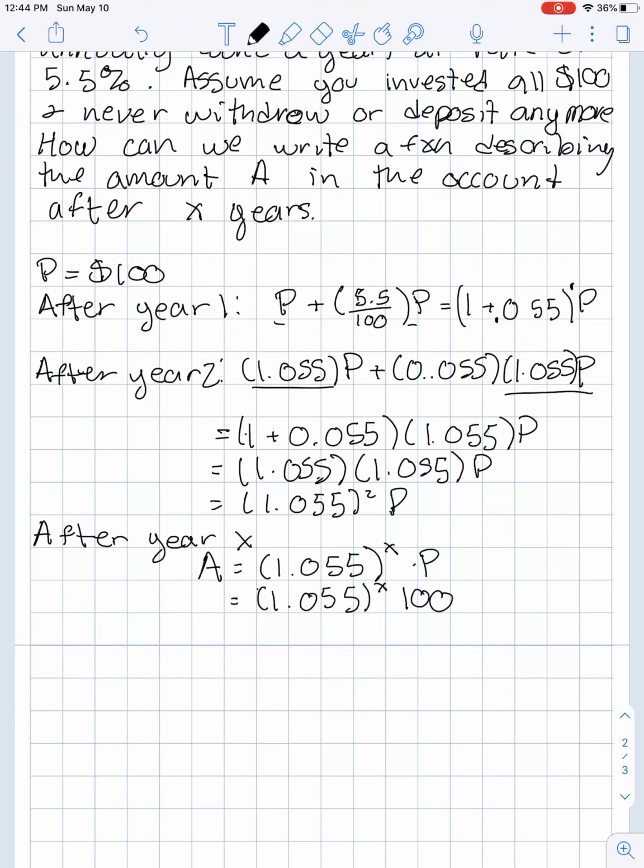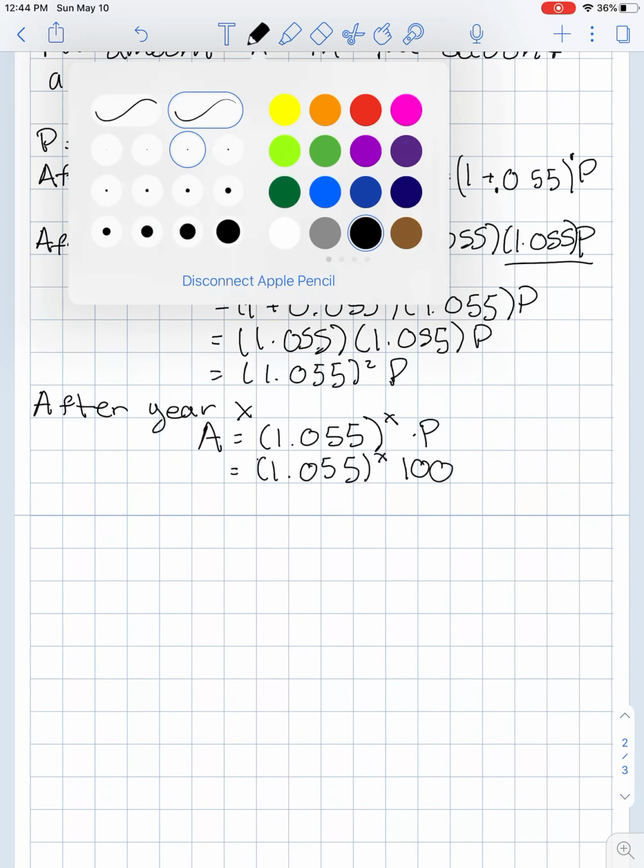All right. Since x is in the exponent, that's an exponential function.